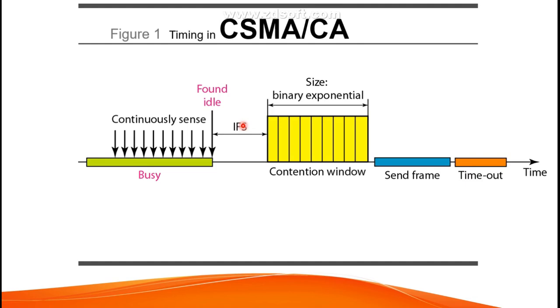And after waiting this IFS time, if the channel is still idle, then the station can send its frame. But it still needs to wait a time, guys, which is equal to what? The contention window.